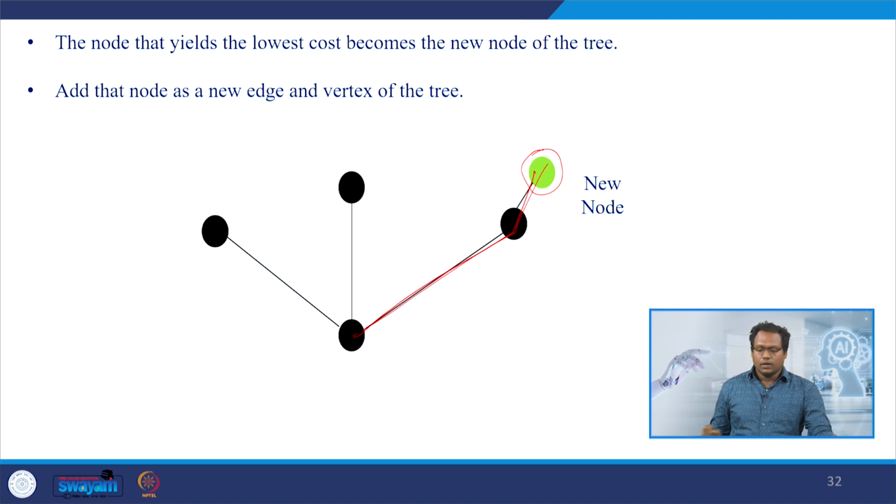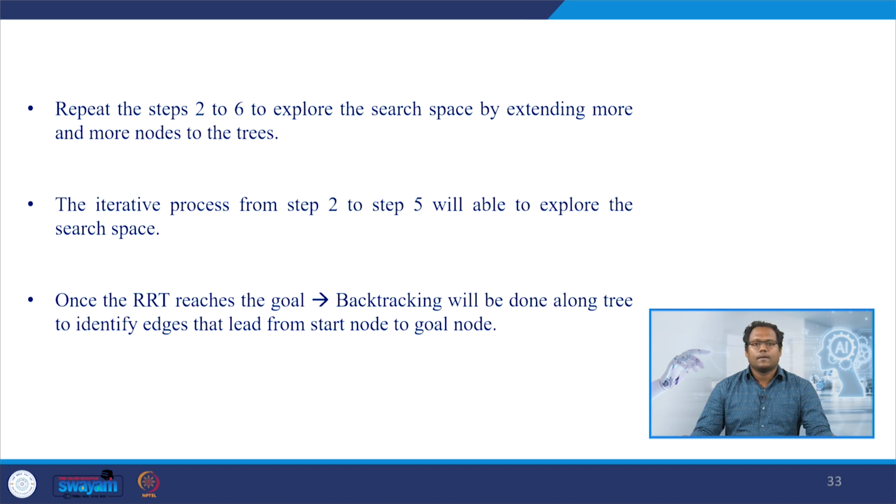In this way we continue to reach the goal point, so that the path length to reach the goal point is minimum. So, here repeat the steps 2 to 6 to explore the search space by extending more and more nodes to the trees.